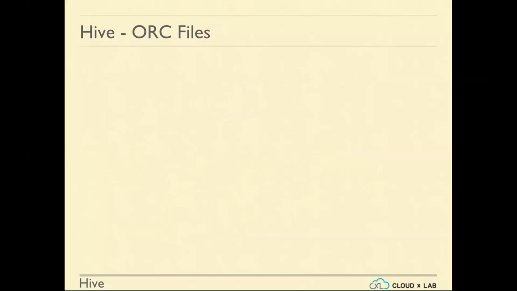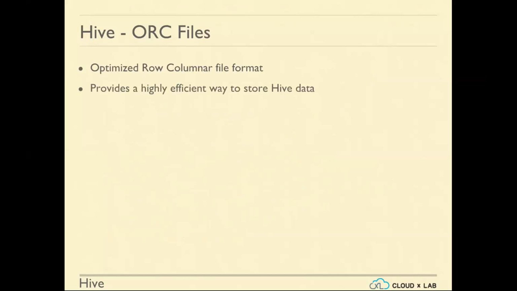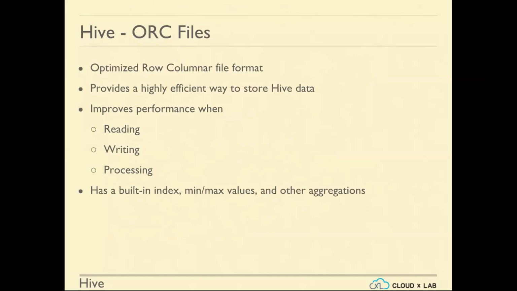All right. Next is the ORC files. ORC files are optimized row columnar format. This provides a highly efficient way to store Hive data. It improves performance when we are reading the data, writing the data, and processing the data. It has a built-in index.